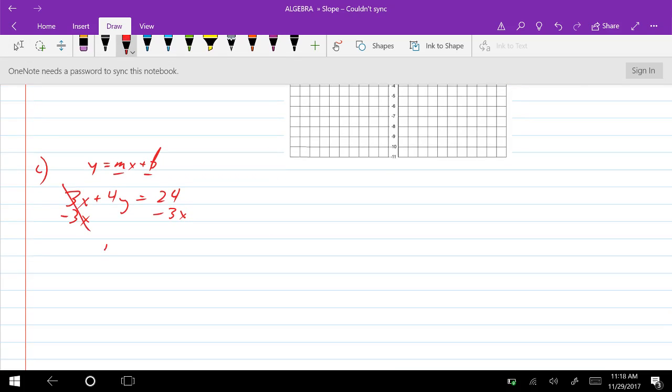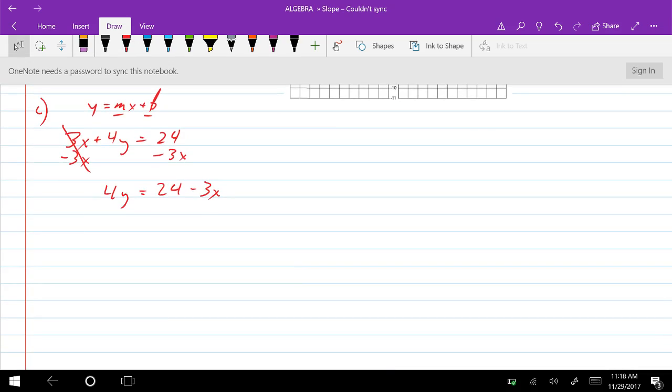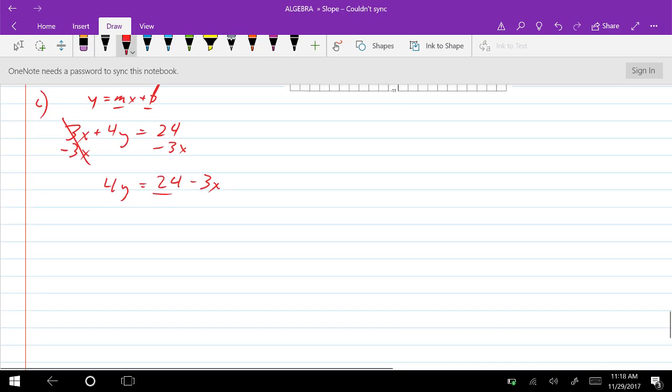This cancels, and I still have 4y equals 24 minus 3x. Now, I like to have my x term first, so I'm going to switch the order of these two, so I have my x term and then my constant. So it's really 4y equals negative 3x plus 24.